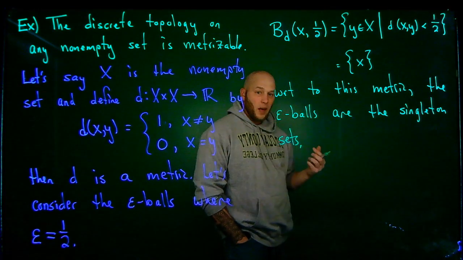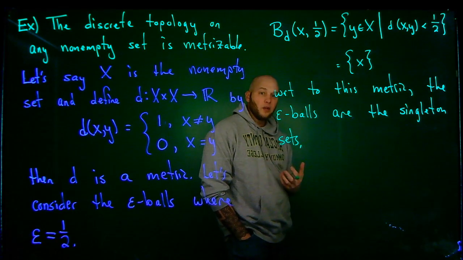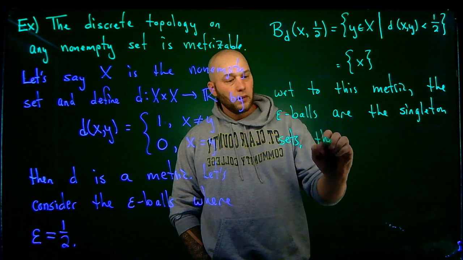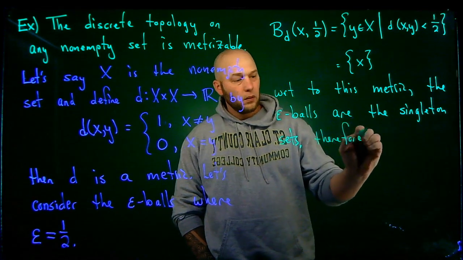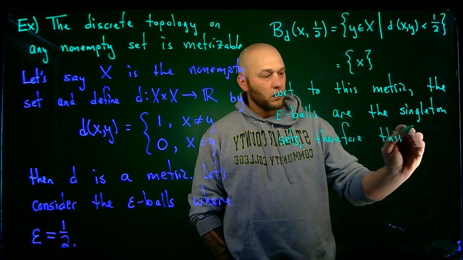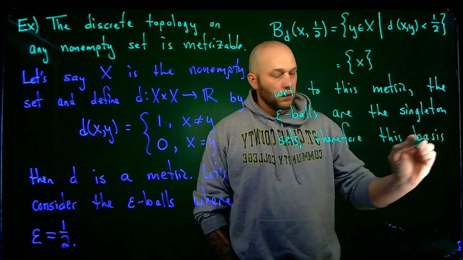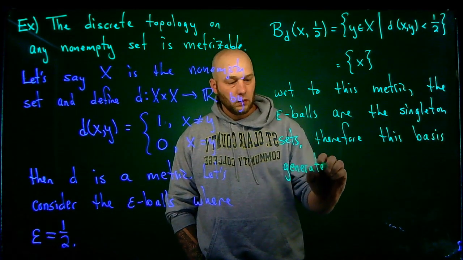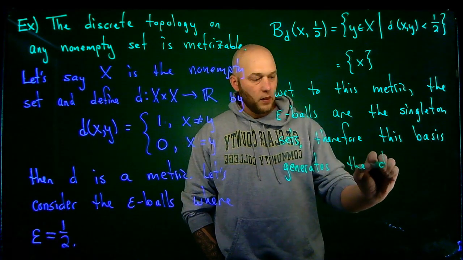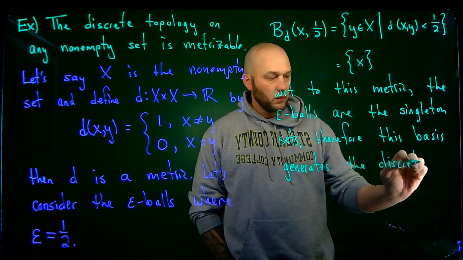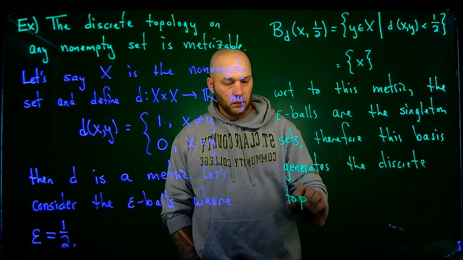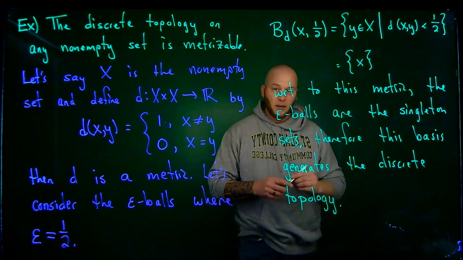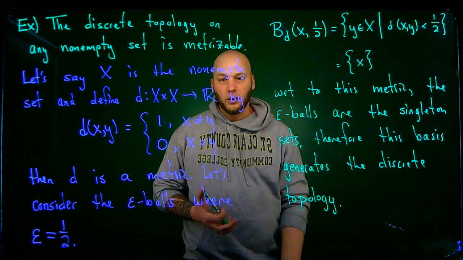And remember that the collection of all epsilon balls is the basis of a topology, and therefore this basis generates the discrete topology. Okay? Hence, a discrete space is metrizable.